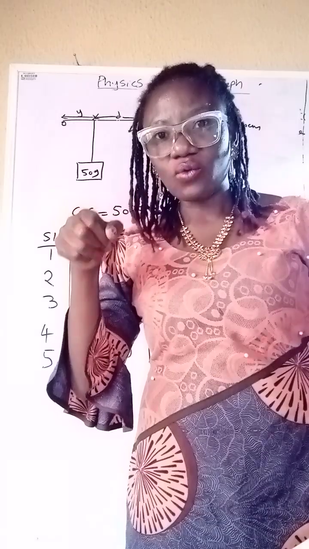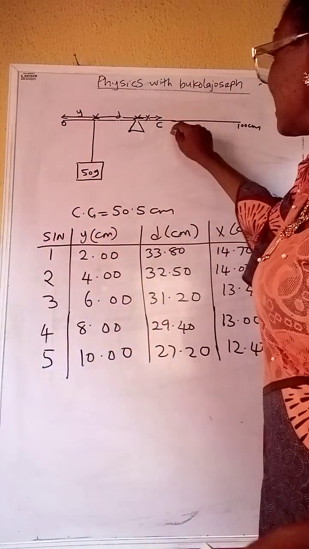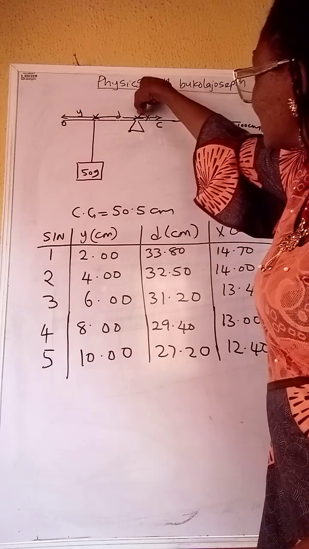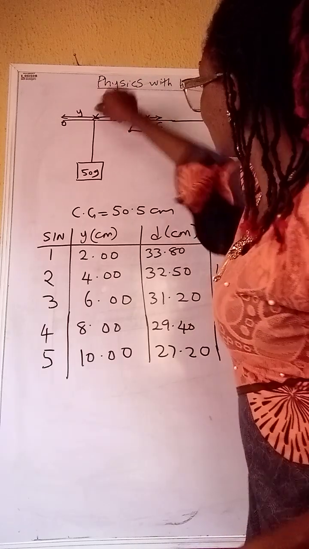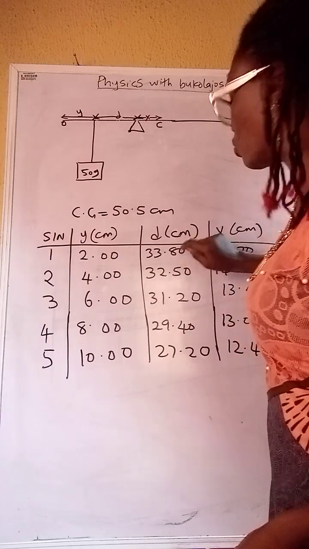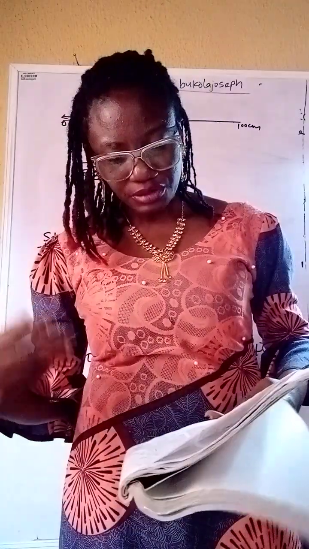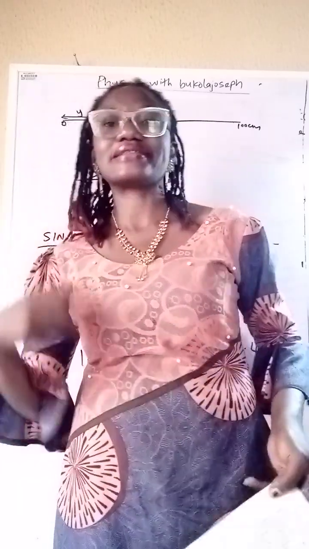Then CG minus where this pivot is will give us X. And here is now going to be 4, so this position minus 4 will give us D. Determine the corresponding values of D and X. Tabulate your readings. Plot a graph of D against X.